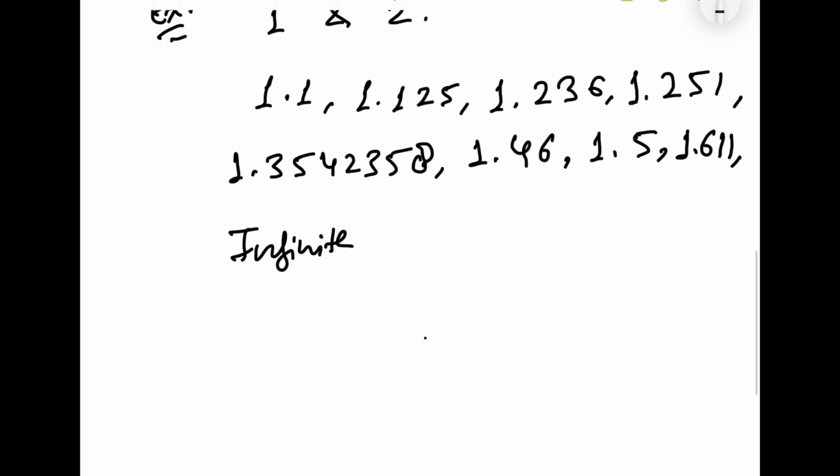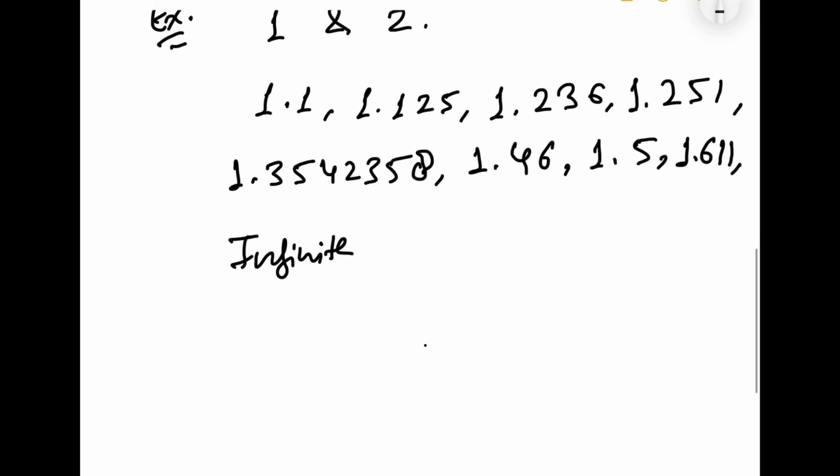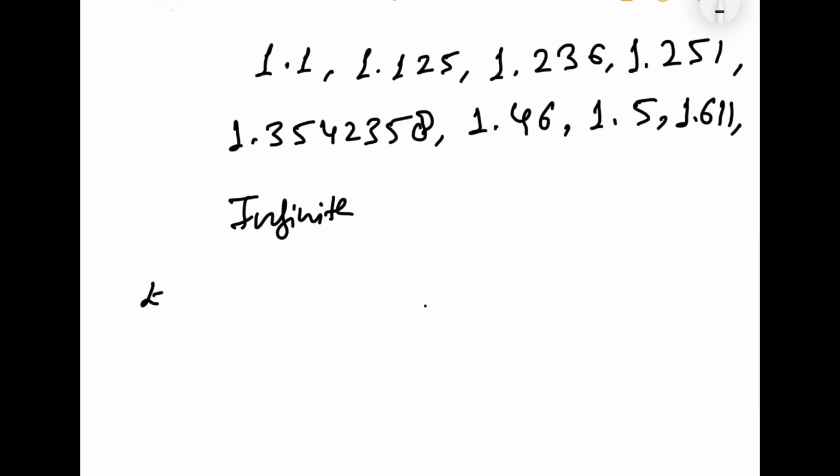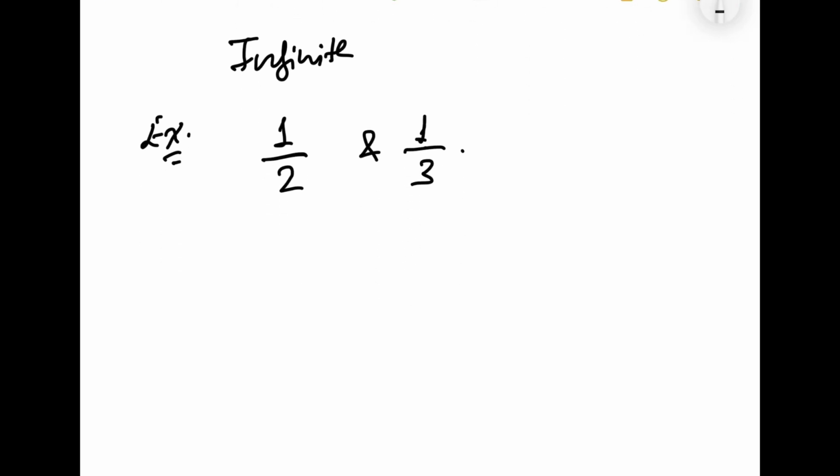Okay? It is easy to write rational numbers between any two whole numbers. Now, if I say write some rational numbers between 1 upon 2 and 1 upon 3, how can you write? There are two ways of writing rational numbers between any two rational numbers.